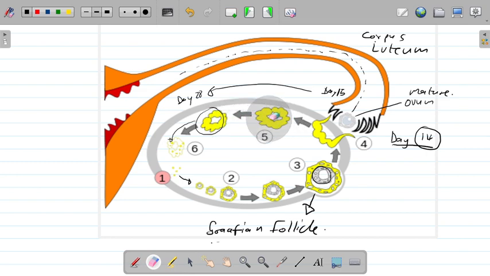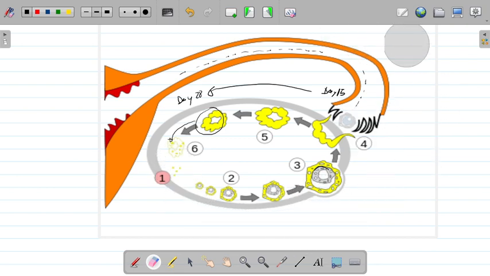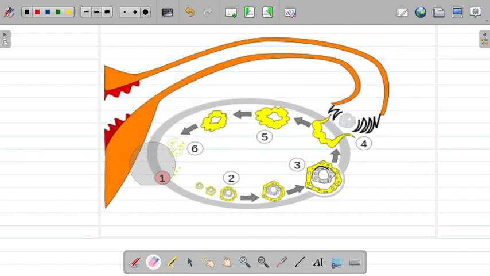The corpus luteum basically remains active, and if there's no fertilization, it starts to shrink and eventually disintegrates. Hallelujah. Great. Now that we've seen all of this, now we understand this part.